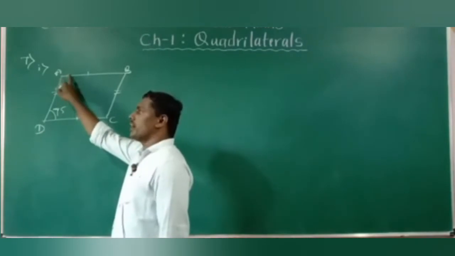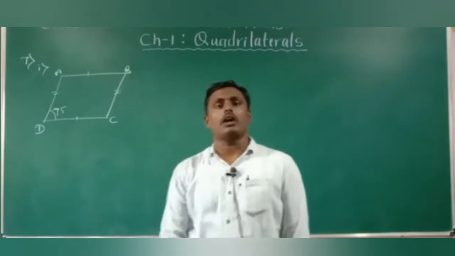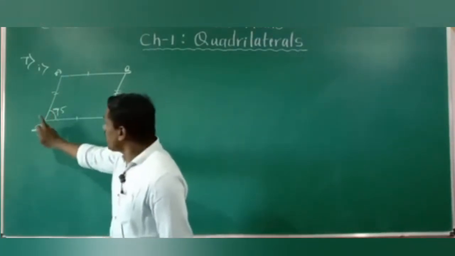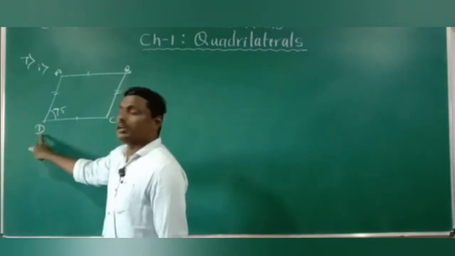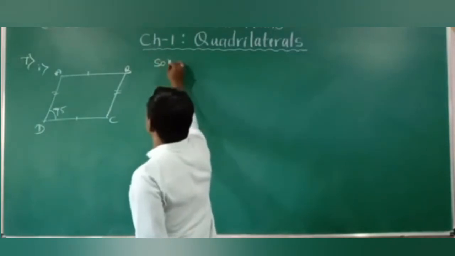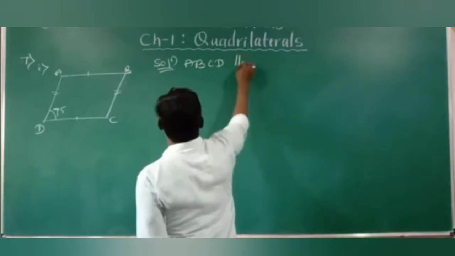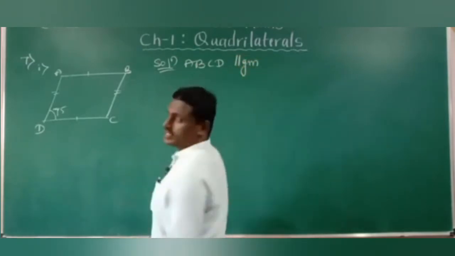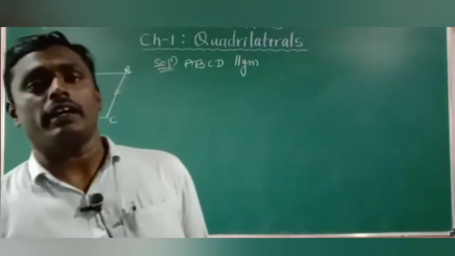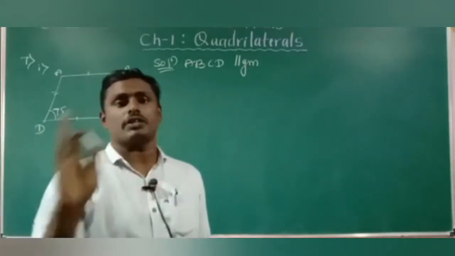Once you find angle A, obviously the opposite angles of the parallelogram are equal, right? So here I take one angle, that is D. Angle D is 75 degree. Solution. ABCD is a parallelogram. In the parallelogram, the sum of any 2 adjacent angles is always equal to 180 degree.